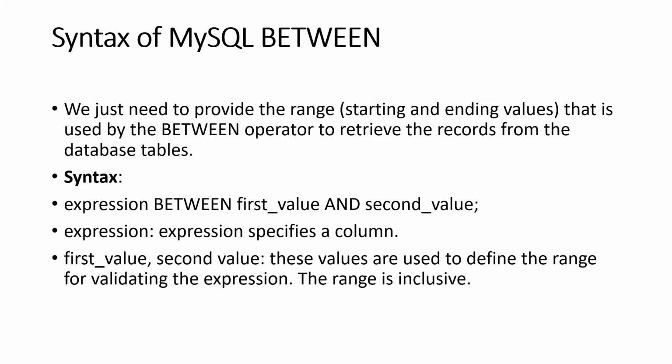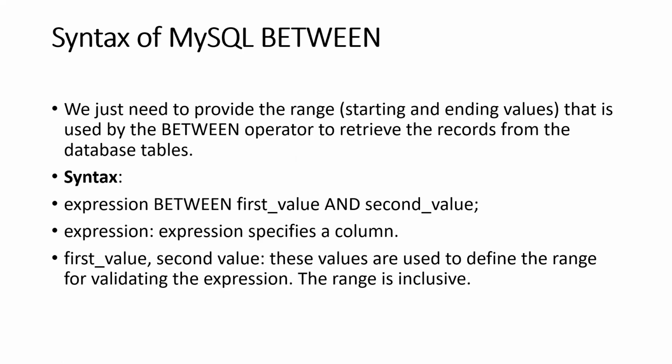So, the syntax of MySQL BETWEEN. We just need to provide the range's starting and ending values, which are used by the BETWEEN operator to retrieve the records from the database tables. You should give the starting and ending values. Without an ending value or a starting value, you can't get records using the BETWEEN keyword.